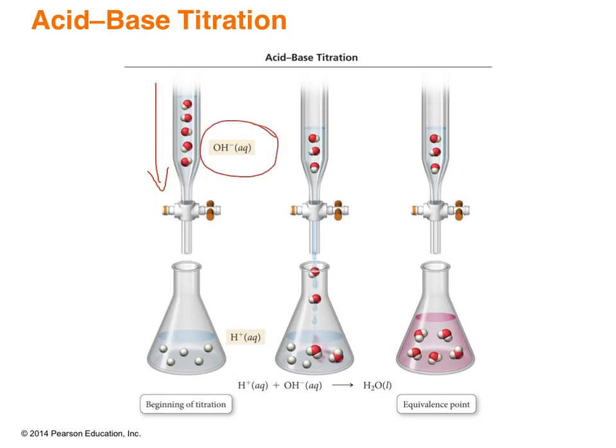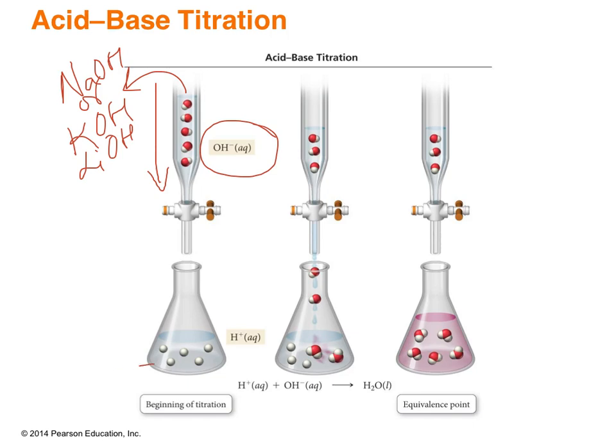What this means is this burette contains a solution that has hydroxide ion. So this solution could be a sodium hydroxide solution or potassium hydroxide solution or lithium hydroxide solution, right? Any solution that has a hydroxide ion.